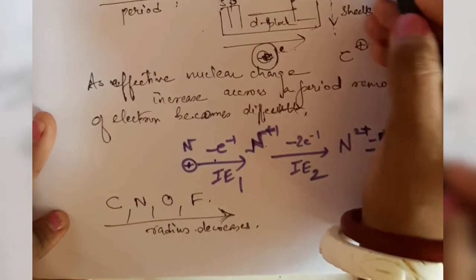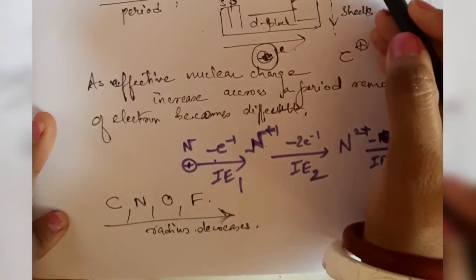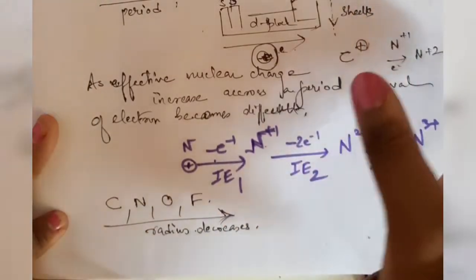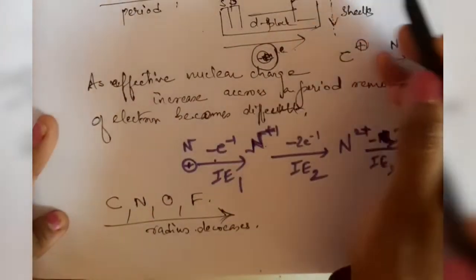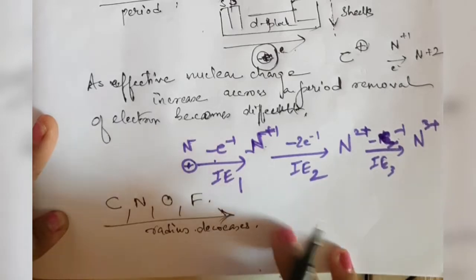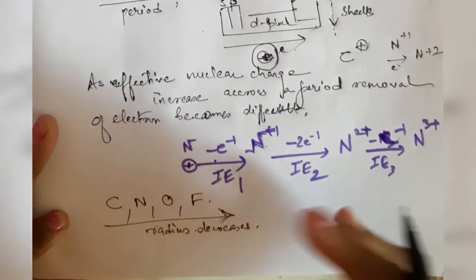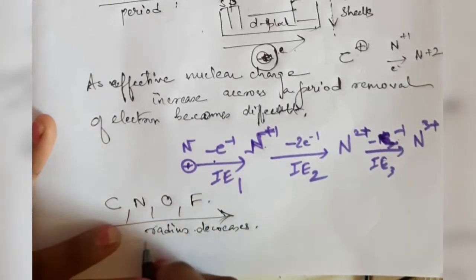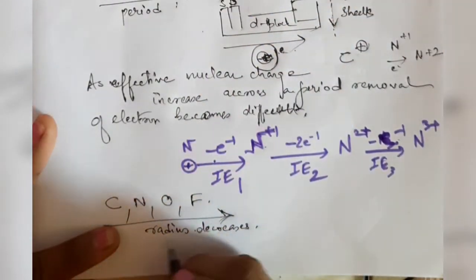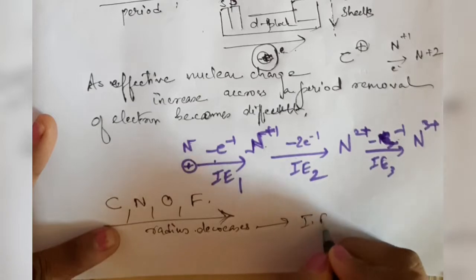Even if the subshell is not changing, if you increase one proton, the effective nuclear charge will increase and hence your radius decreases. So if radius decreases, your ionization energy will be more, because it will be more difficult to remove an electron from the subshell. So along a period, as radius decreases, your ionization energy increases.